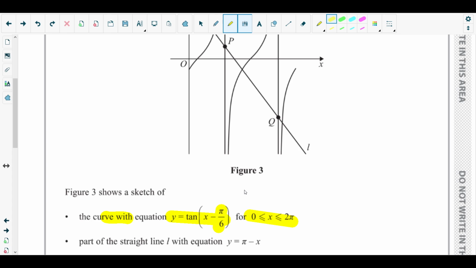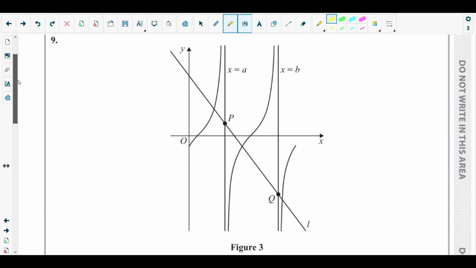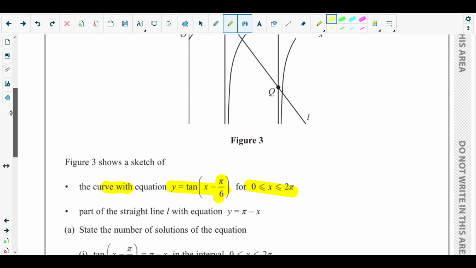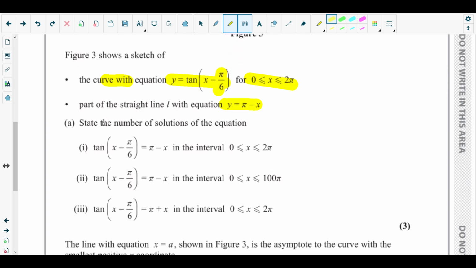It also shows a line L whose equation is y equals pi minus x. In part A they are asking to state the number of solutions of the equation tan(x minus pi over 6) equals pi minus x in the interval 0 less than or equal to x less than or equal to 2 pi.